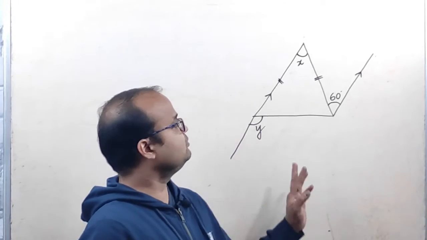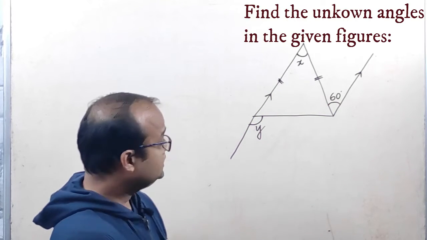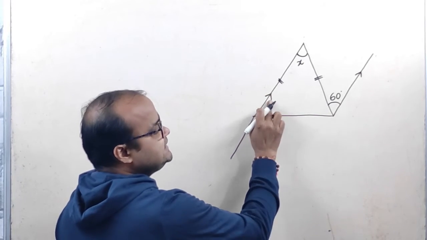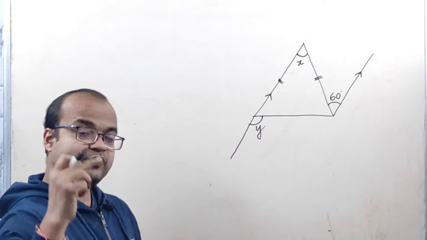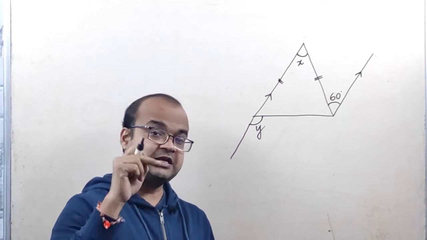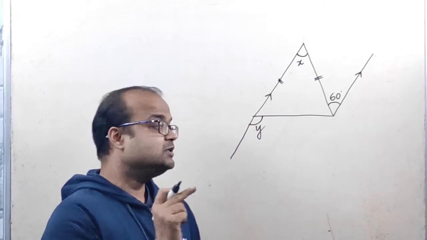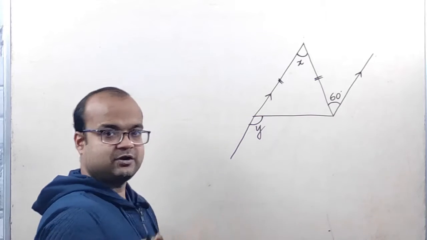Now in this problem we need to find out the value of X and Y. Now see, this arrow indicates that these two lines are parallel. So whenever you find two lines and arrows are given, the arrows indicate that the lines are parallel to each other.